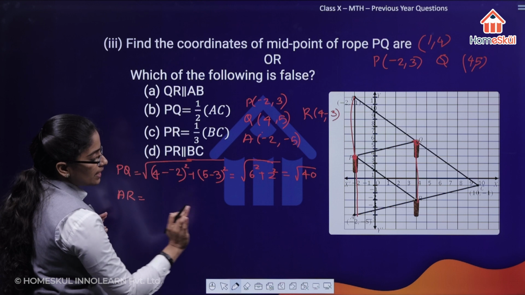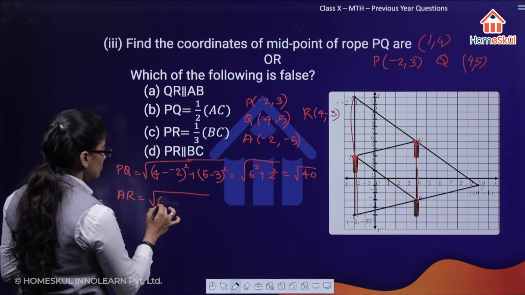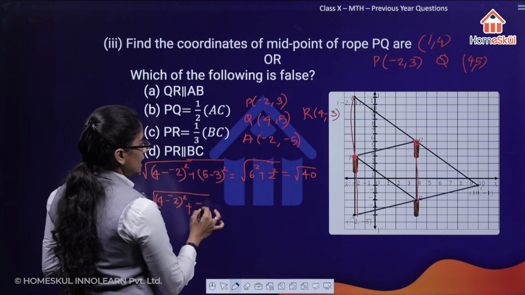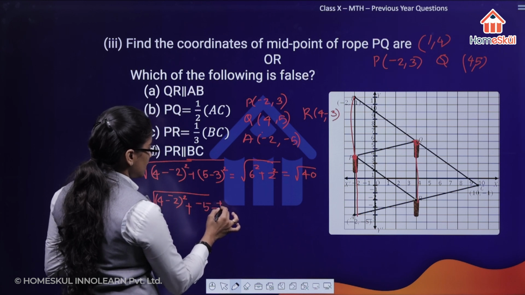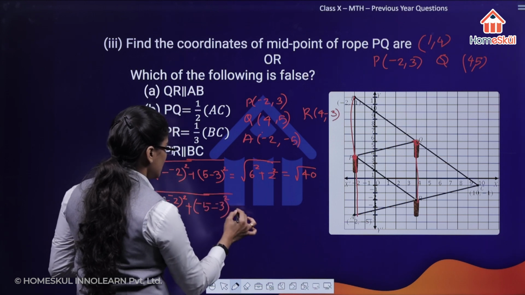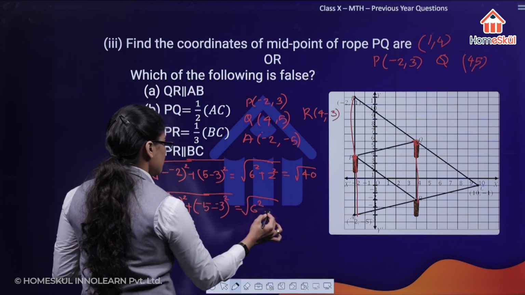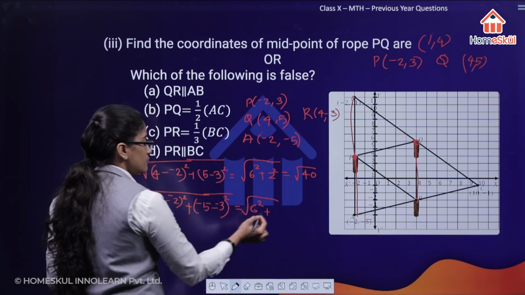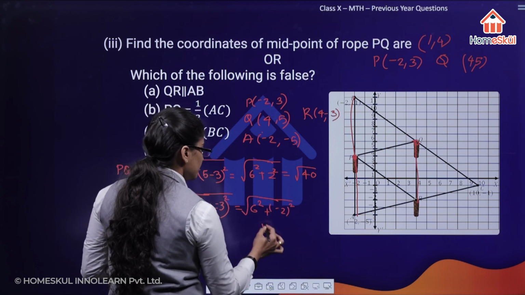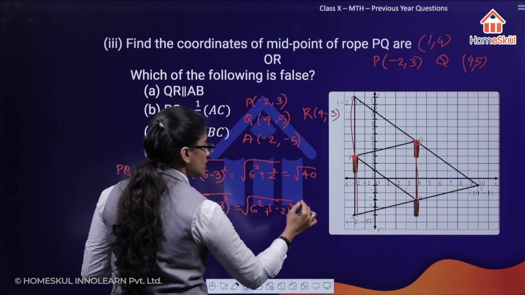That means the distance AR is equal to the root of (4 - (-2))² + (-5 - (-3))², which is equal to 6² + (-5 + 3), which is (-2)². That is 6² is 36, right? 36 + 2² is 4. 36 + 4 is root 40.